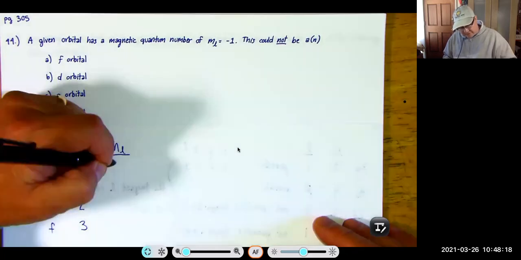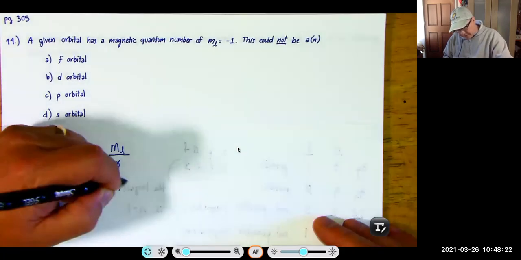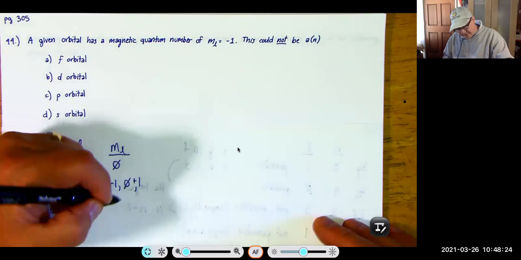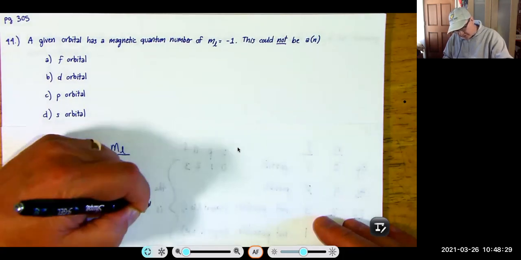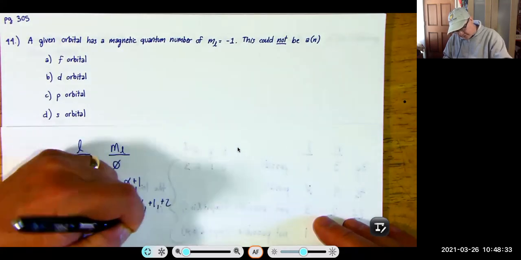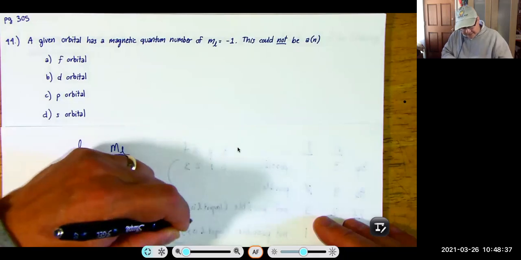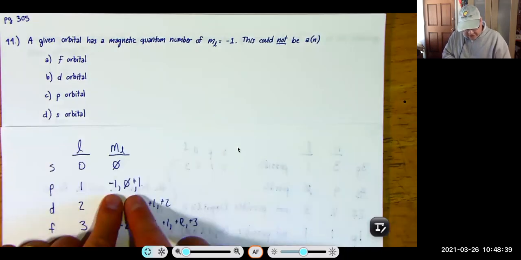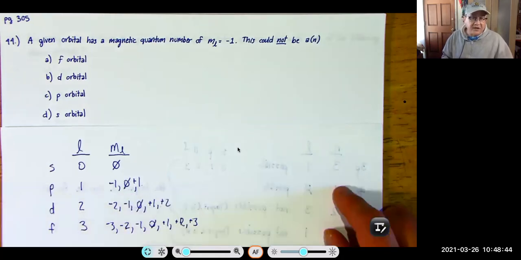This can be a 0. This can be a -1, 0, or +1. And this can be a -2, -1, 0, +1, +2, and this can be a -3, -2, -1, 0, +1, +2, +3. And technically, when I got to this point here, I could tell that P's, D's, and F's are going to be okay. S is the only one that's not going to work.